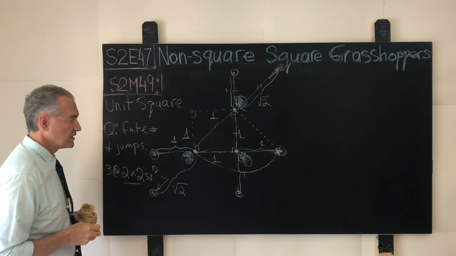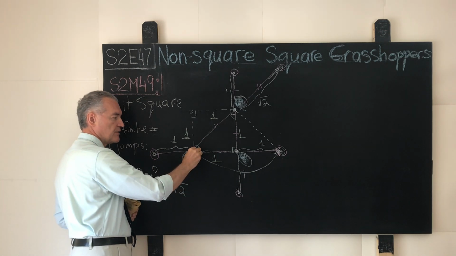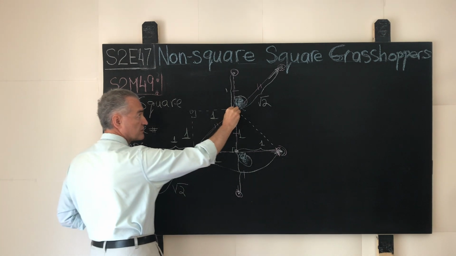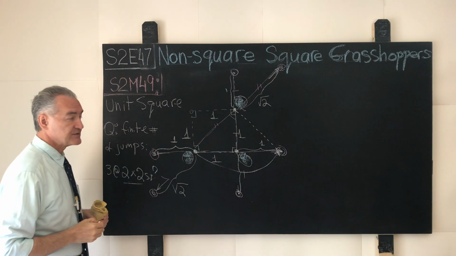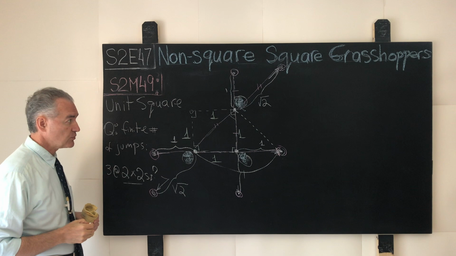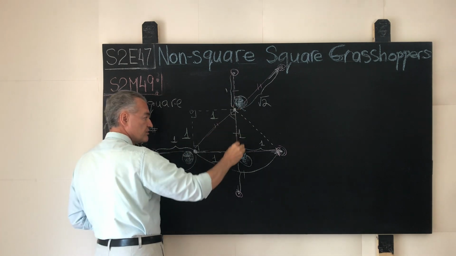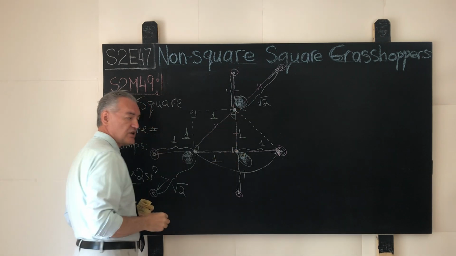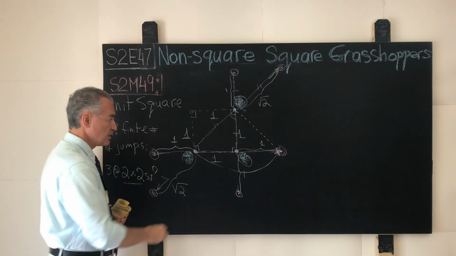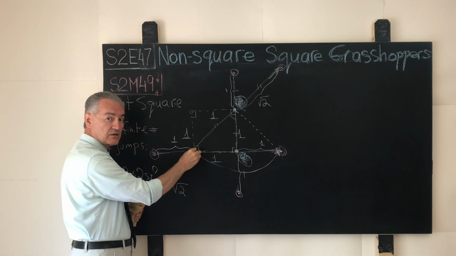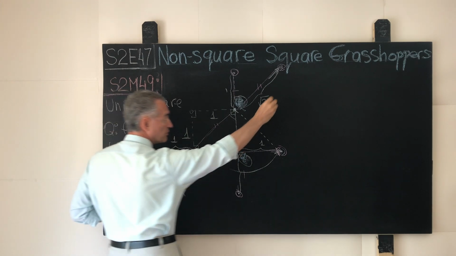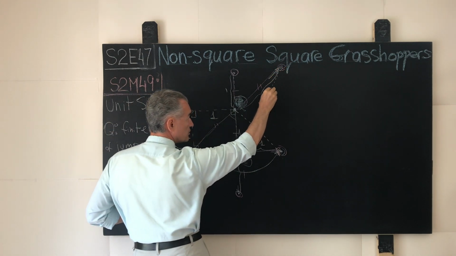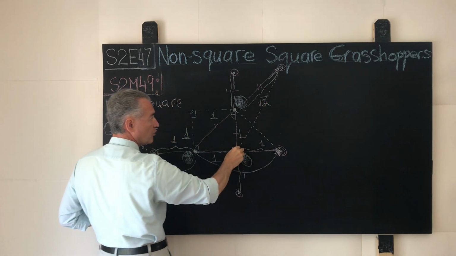However, if, for example, the same grasshopper jumps over the upper right grasshopper over here, then what will be the distances between the three grasshoppers? Well, the distance between the stationary grasshoppers obviously will not change, but the distance between the jumping grasshopper and this one will be what? What will this distance be?